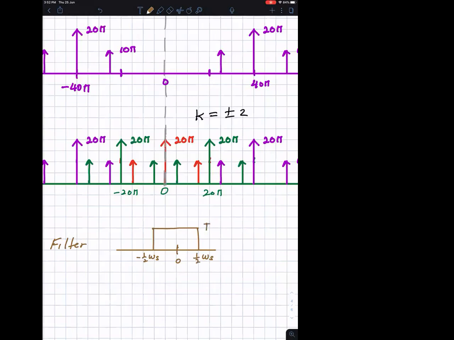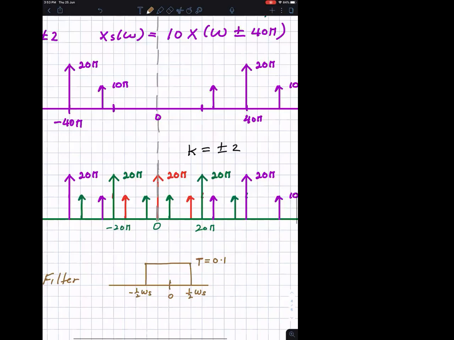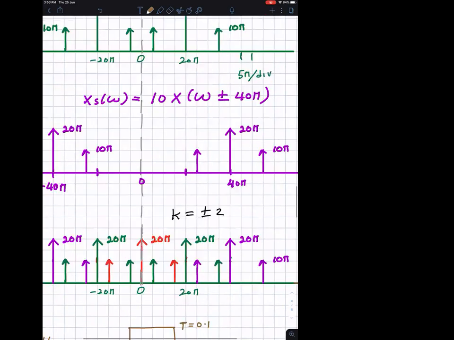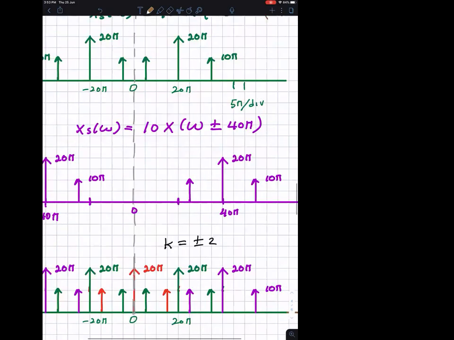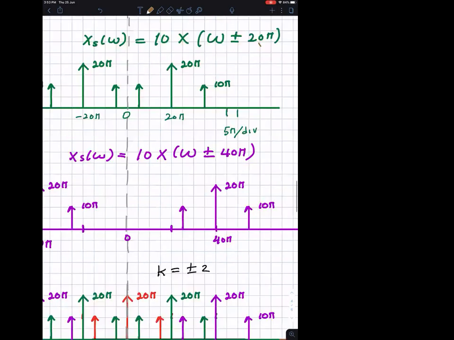And also it was given that the filter amplitude is 0.1. It was just mentioned. If you go to the question here, it's mentioned here, the filter amplitude is T. T is 0.1.